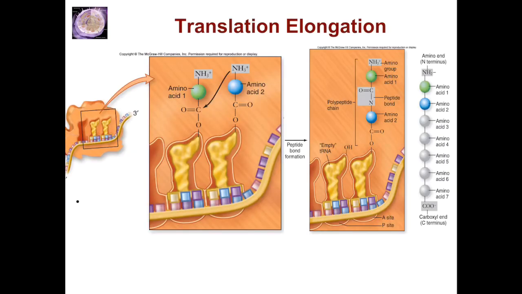Okay, so now this is the close-up for the second amino acid coming in. And you can see now the amino acid 1 is in green, that green circle, and the amino acid 2 is the blue circle.